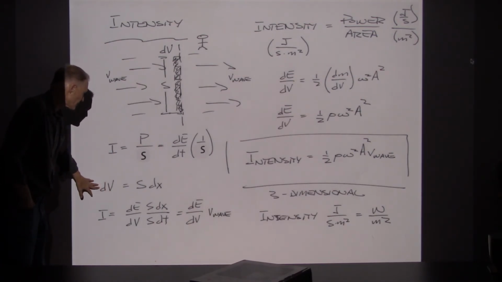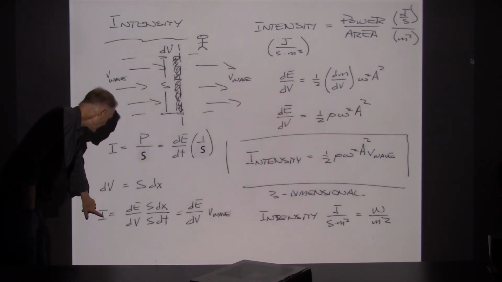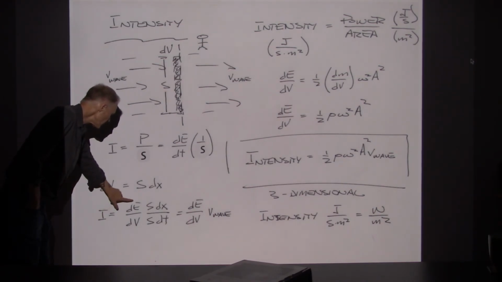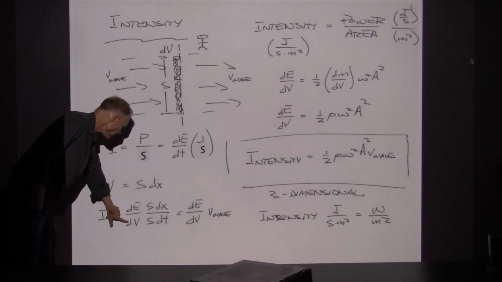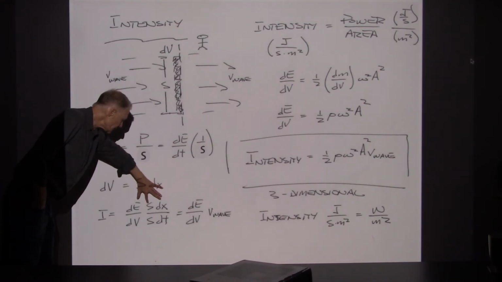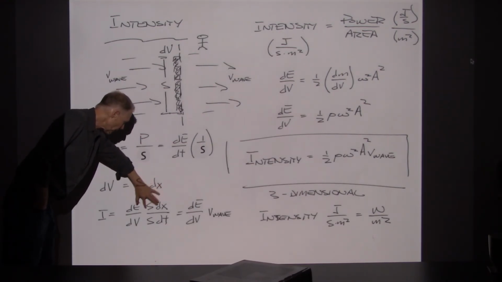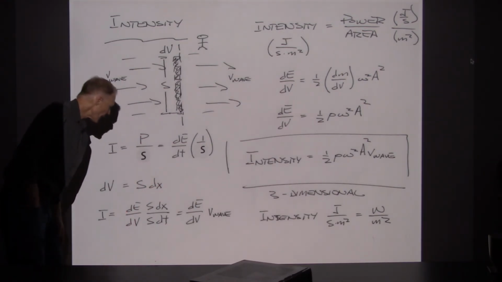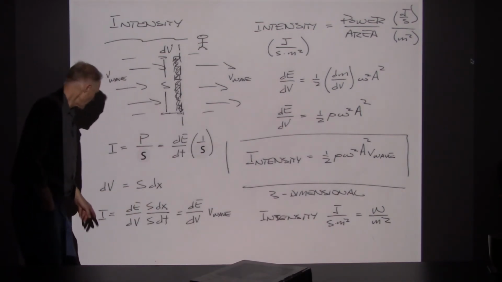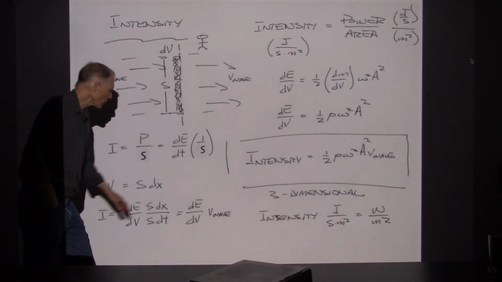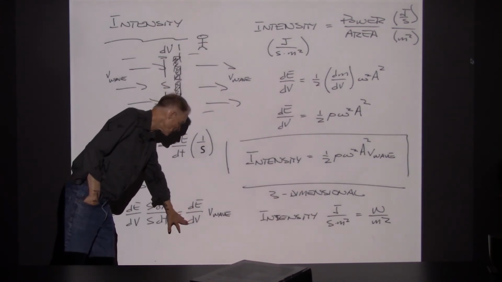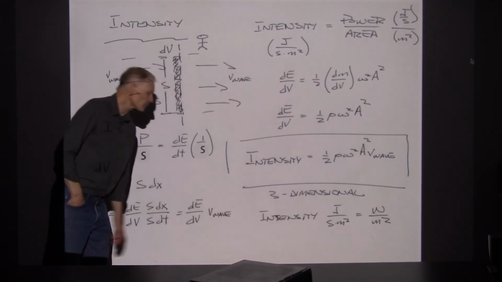What I can do is say that the intensity is equal to dE over dV. Now I put a dV on top and a dV below. And the S's cancel out. And for intensity, what I want is energy per volume times the speed of the wave.